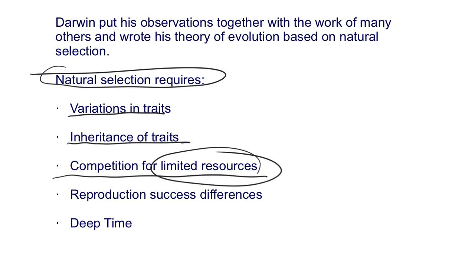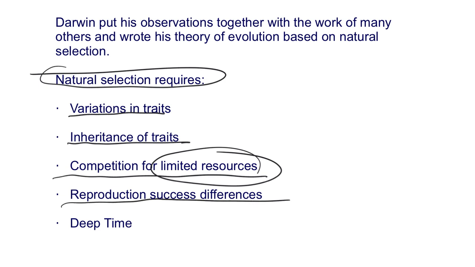Also, the ones with the better adaptations will obviously get more food. And if you can provide food, you're going to be a good provider. So when you reproduce, you can feed your offspring as well.